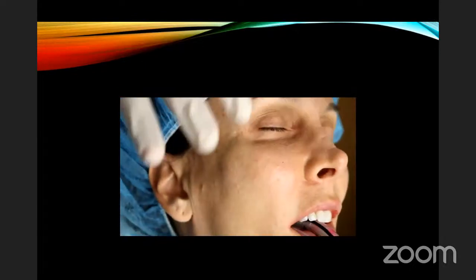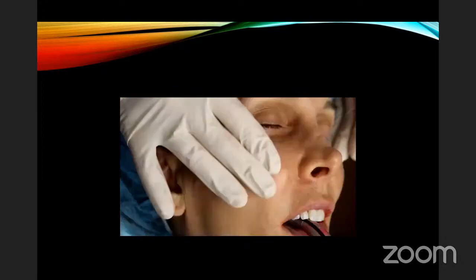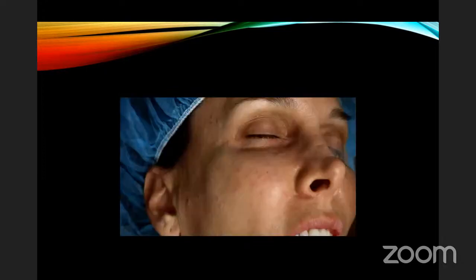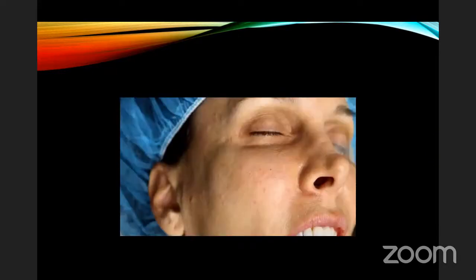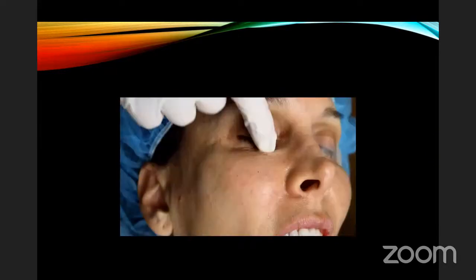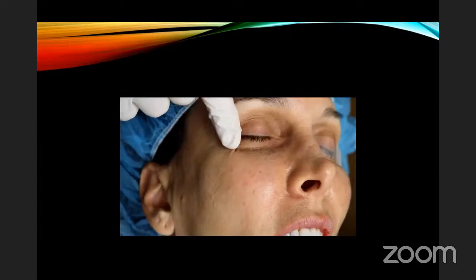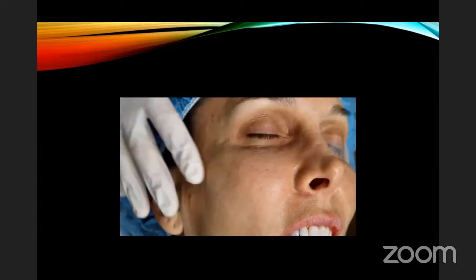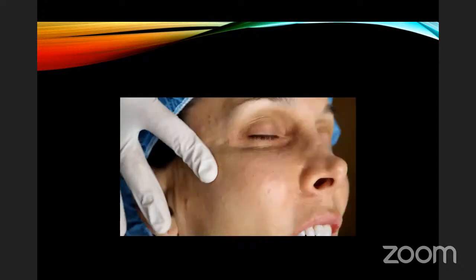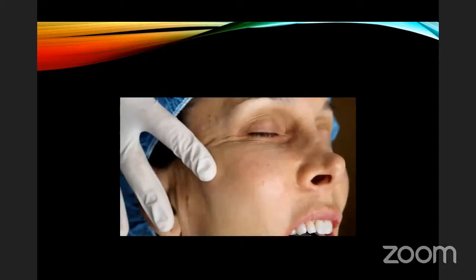So when you place your implant, there's really 3 things you want to look at. Obviously, the position and the actual size of the implant, but positionally, you want to make sure that the implant does not impinge above the inferior orbital rim. You want to make sure that the tail of the implant is not folded over, and then you have a smooth transition here.